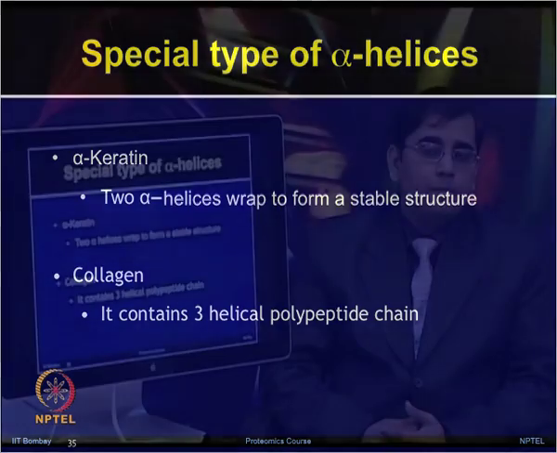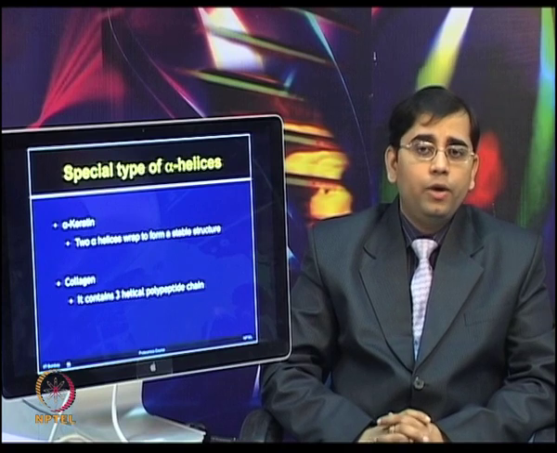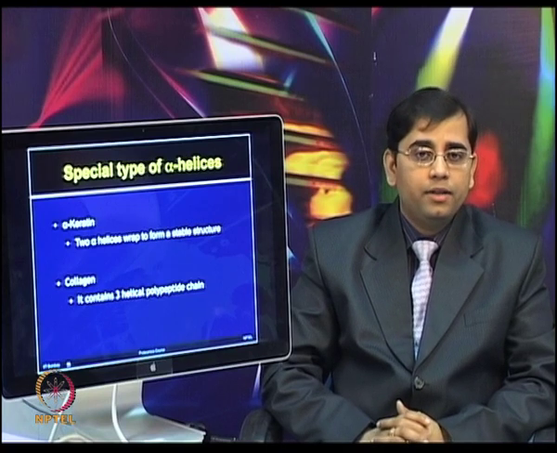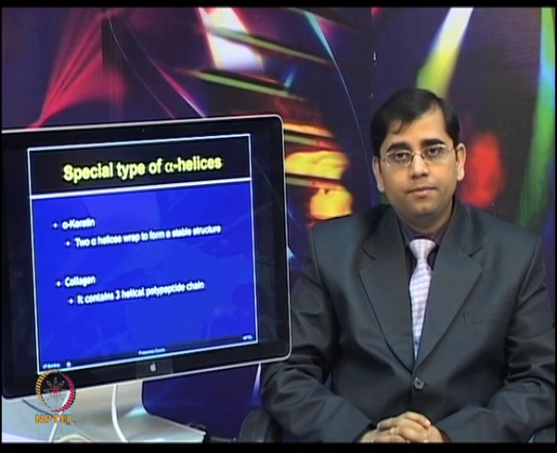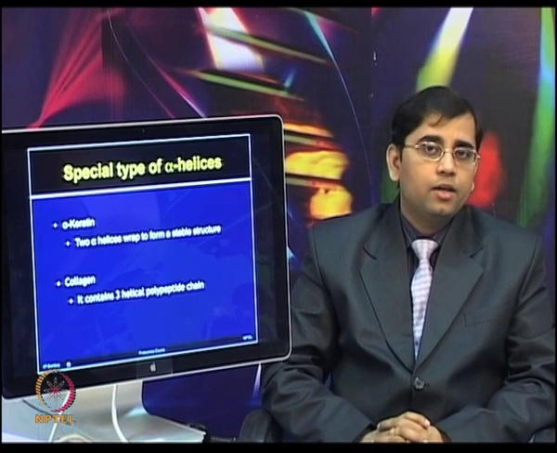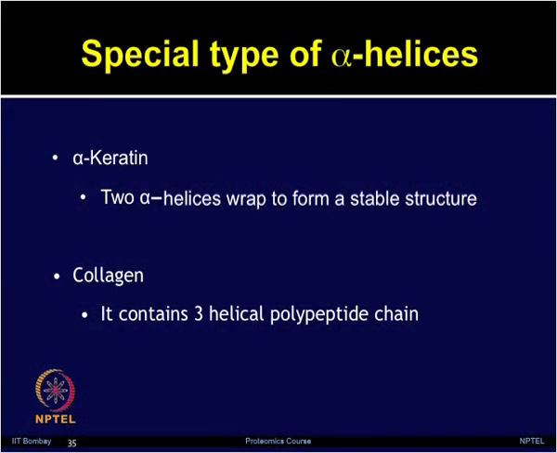It is the primary component of hair and consists of 2 helices coiled around each other, forming a left handed superhelix, which is known as the coiled coil. Another example is collagen, the fibrous component of skin, bone, etc. It is also the most abundant protein in mammals. It contains 3 helical polypeptide chains.